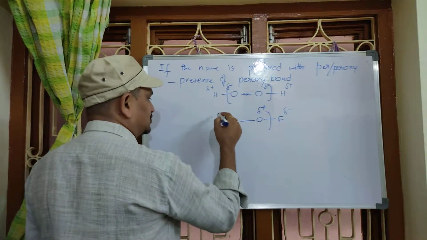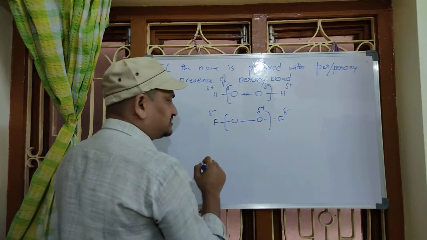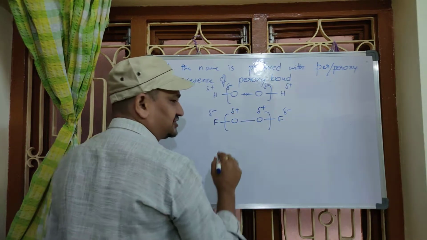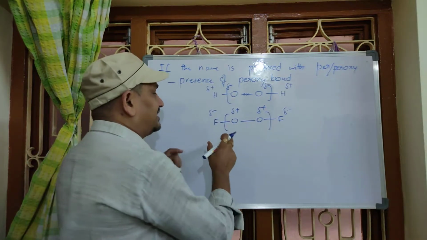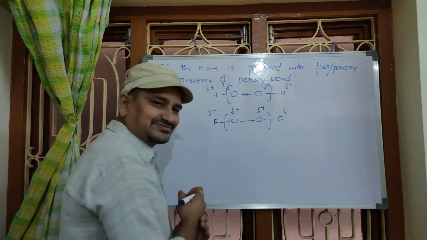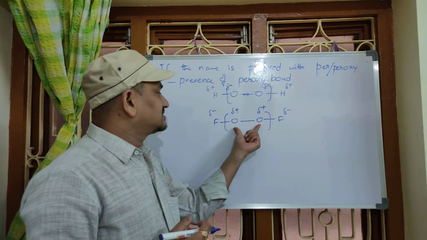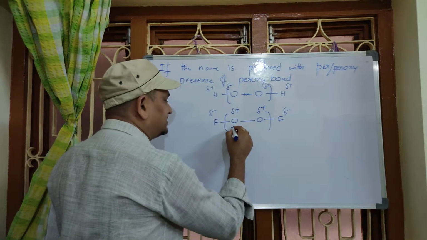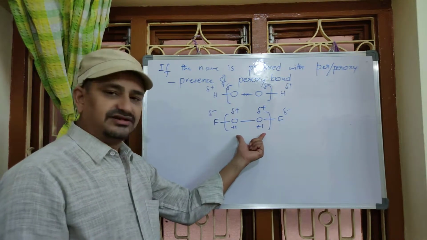Similarly, in this bond also, fluorine attracts the electrons more strongly, as a result of which partial negative, and this will be a partial positive. Now, this is also a peroxy bond, but in case of O2F2, peroxy oxygens are possessing what charge? +1 each.